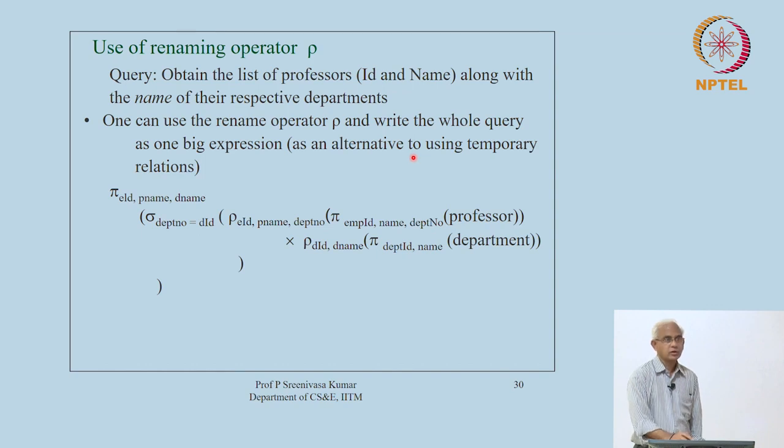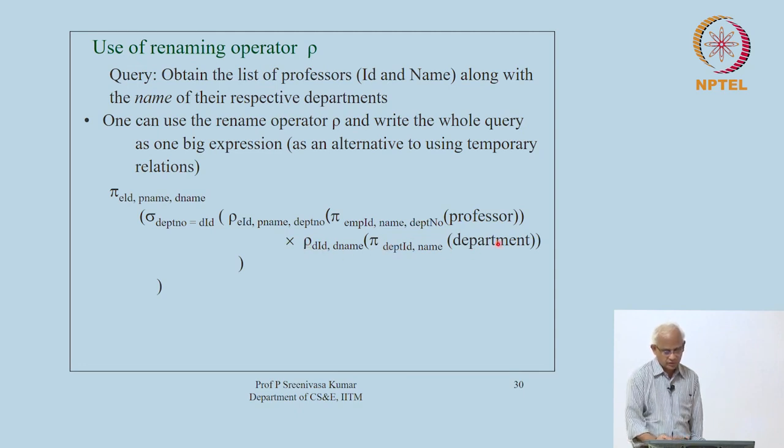Okay. So, what we are doing here is, this is the professor relation that we have, and then we are projecting the required attributes from here and then renaming them using this rho operator, and then doing a cross product with the other.